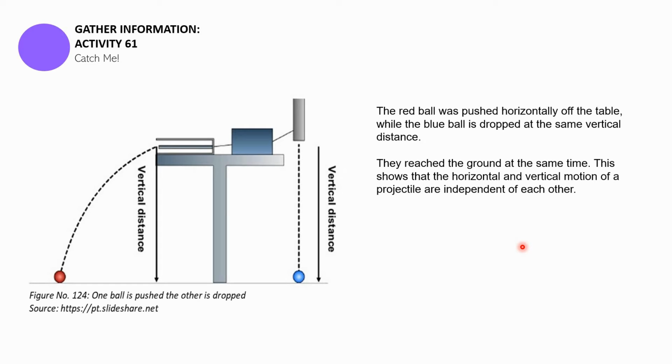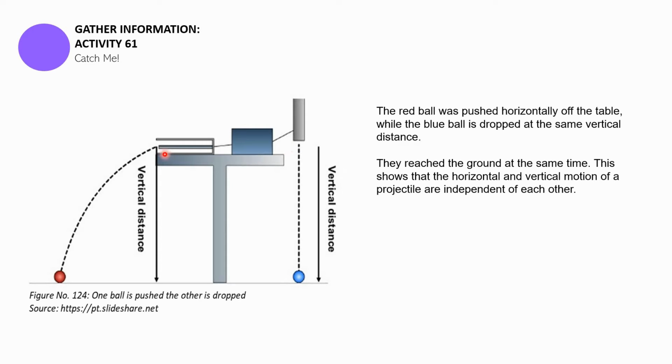Okay, anong evidence natin doon? Even though tinry pang mag-travel, merong horizontal component ang velocity ng red ball, it still reached the ground at the same time as the blue ball, which does not have a horizontal component for the initial velocity. Okay?